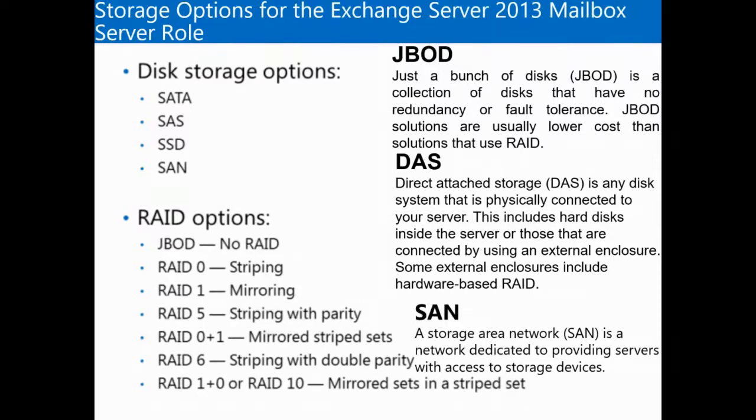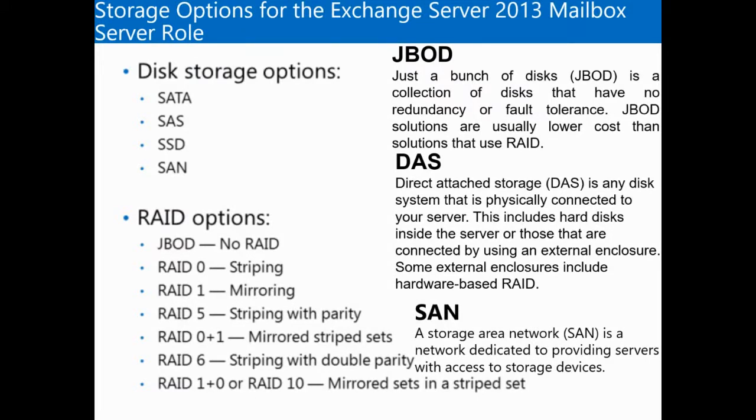Now for RAID. To provide redundancy on any storage option, you have to use RAID technology. RAID increases disk access performance and fault tolerance. The most common RAID options are RAID 0, what we call striping. It increases read and write performance by spreading data across multiple disks.